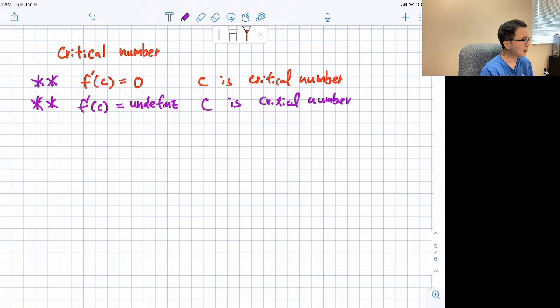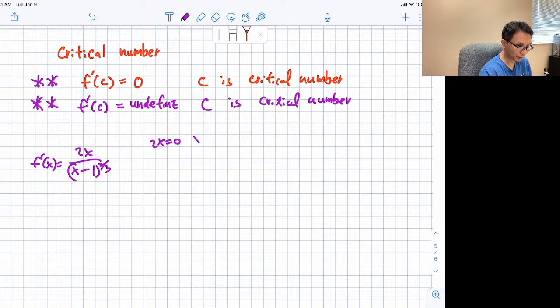So you're going to be like, how is it undefined? Well, what if you have f prime of x equal to 2x over (x minus 1) to the 2/3 power? Guess what? You have two critical numbers here. This is f prime of x. You can set the numerator equal to 0, the top.